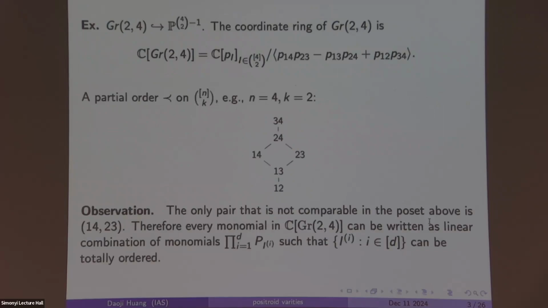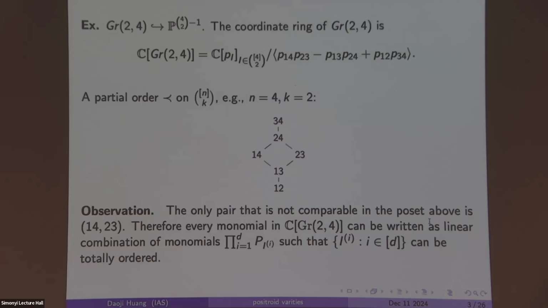And I would like to highlight a feature of the Plucker relation. So here is the poset for Gr(2,4), which is a poset on 2-element subsets of 4 elements. The only non-comparable pair in this poset are 14 and 23.